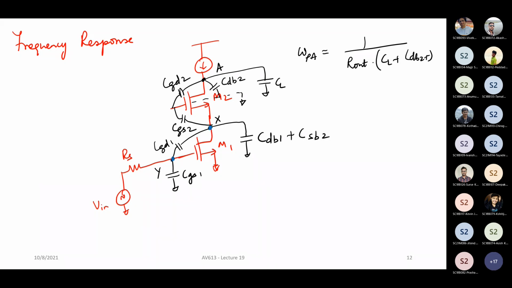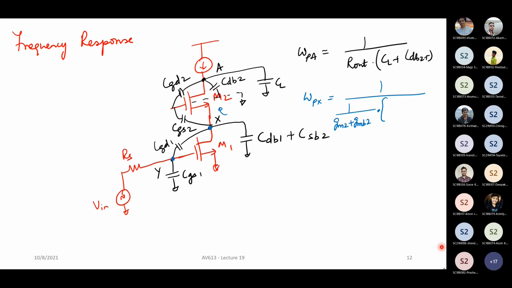You have two other nodes at which you have capacitances, right? Now, if you look at this node omega PX, the impedance seen at this node is 1 by GM2 plus GMB2. Okay, so this can be written as 1 by GM2 plus GMB2 multiplied by what is the capacitance? Of course, it's parallel to R01, but let me just approximate it to be only 1 by GM2 plus GMB2.